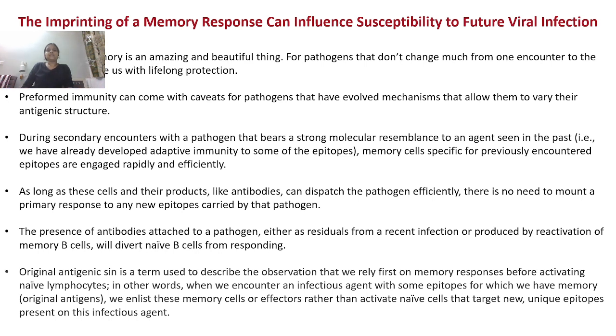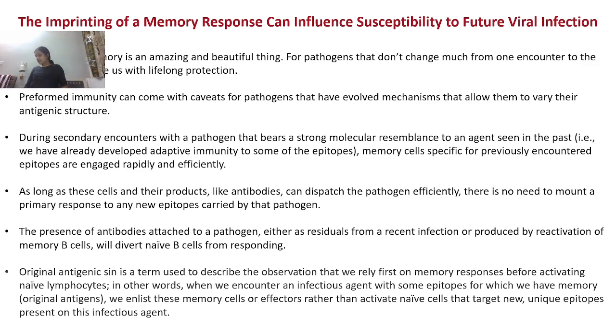There is a term known as original antigenic sin. It is a term used to describe the observation that we rely first on memory responses before activating naive lymphocytes. In other words, when we encounter an infectious agent with some epitopes for which we have memory, we enlist these memory cells as effectors rather than activate new cells that target new, unique epitopes present on this infectious agent.